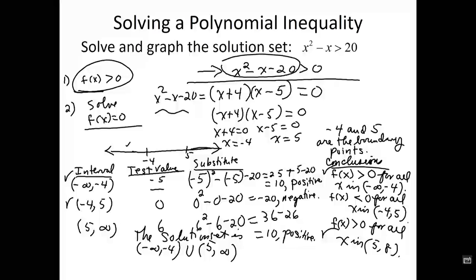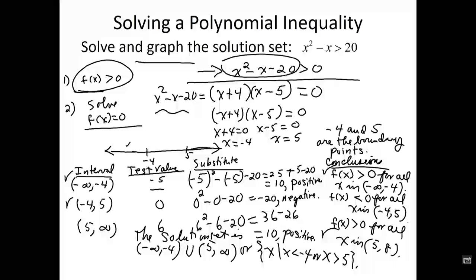So this is the solution set. We can also express this in what we call set builder notation, as you recall. The set of all x such that x is less than minus 4, or x is greater than 5.